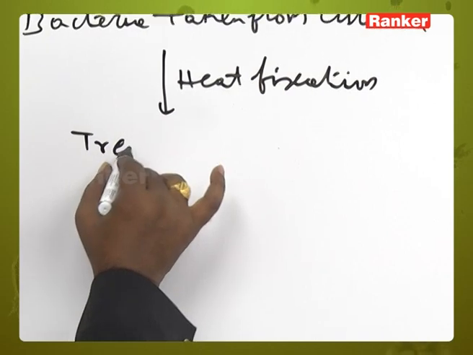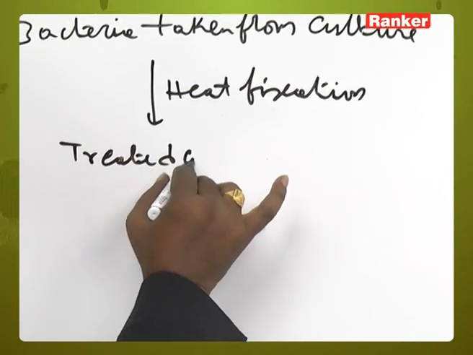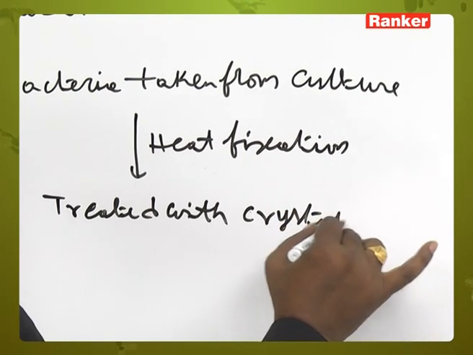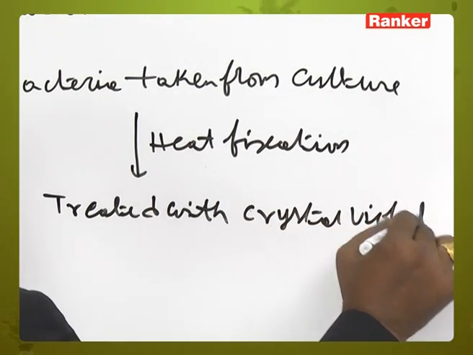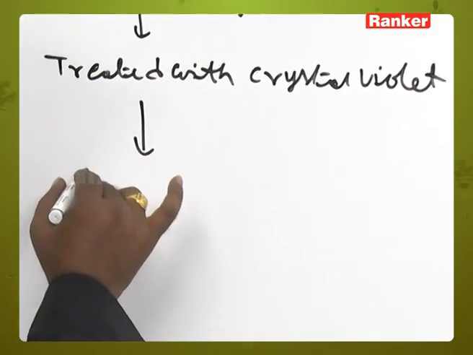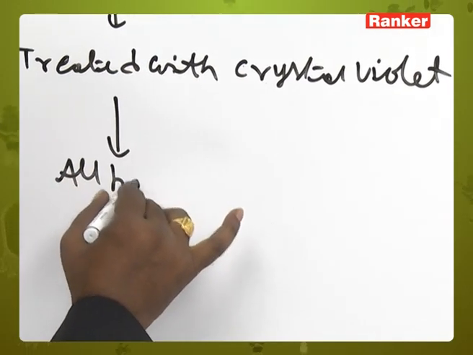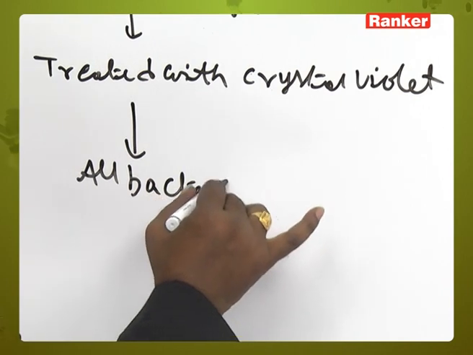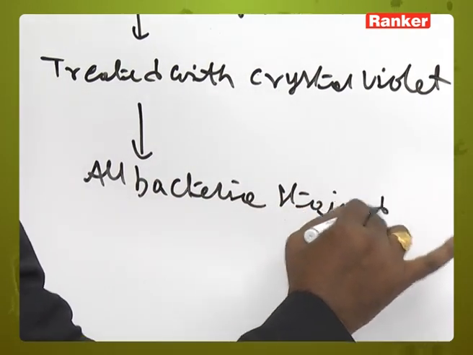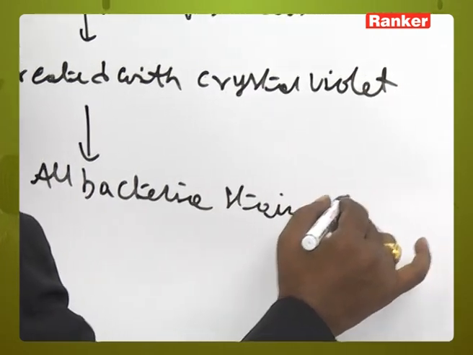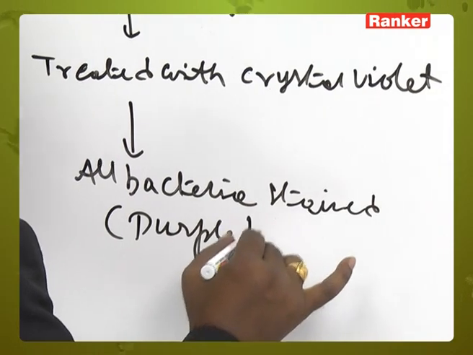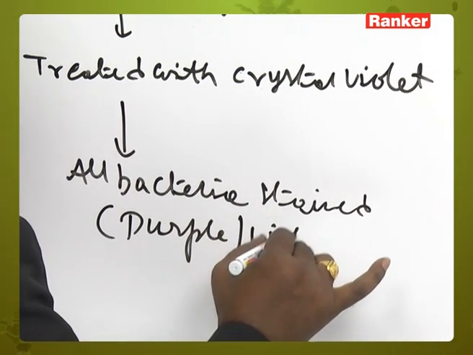Treated with crystal violet, all bacteria stain, and the color is either purple or violet.